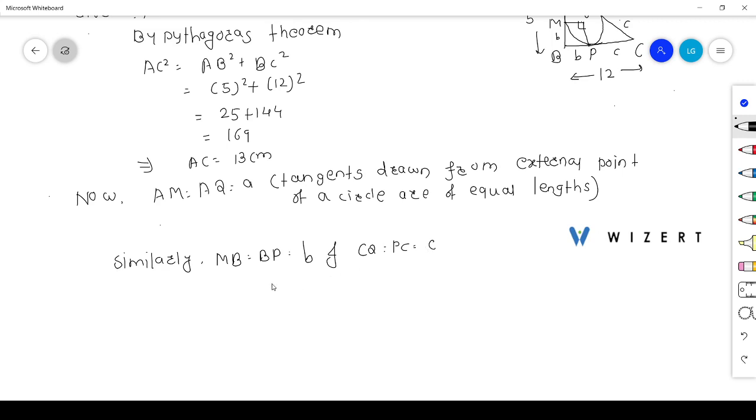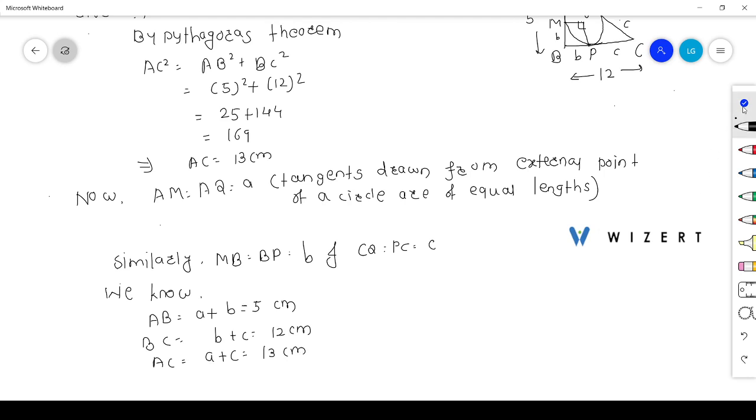Now we know, by observing this figure, AB equals A plus B, which is 5 centimeters. Then BC equals B plus C, so it is 12 centimeters, and AC equals A plus C, which is 13 centimeters.